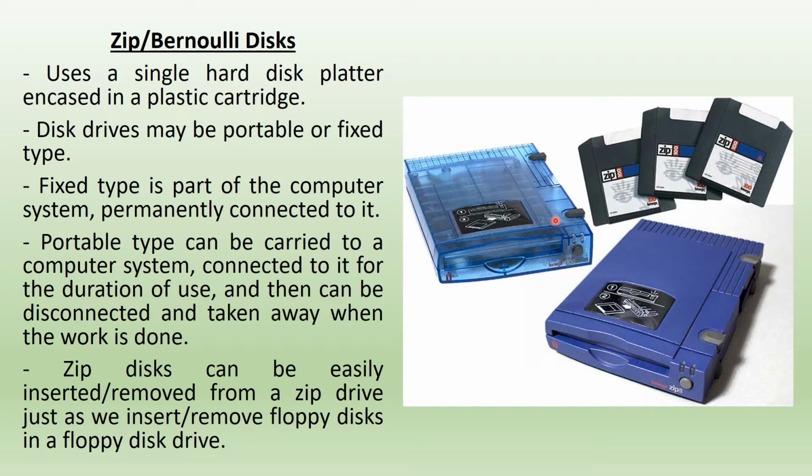The disk drive may be portable or fixed type, so it can be like an external one, which is portable. You can just plug it into the USB of your laptop or desktop, or it can come pre-installed in your system. The fixed type is part of the computer system, permanently connected to it.